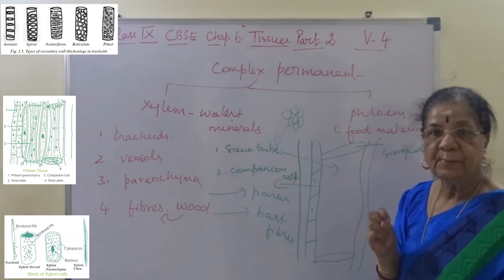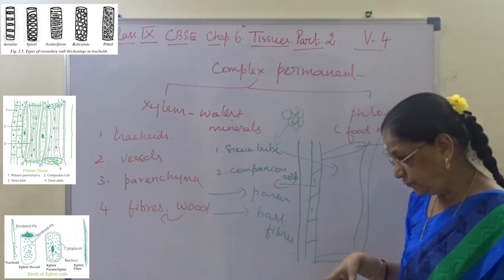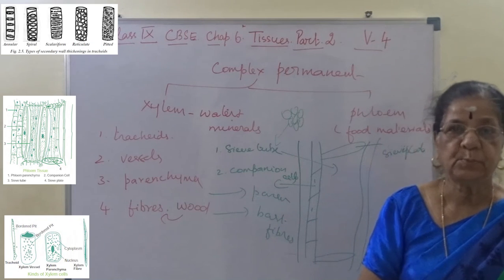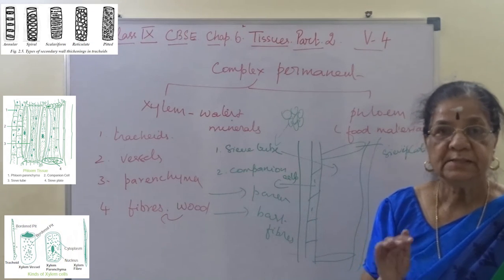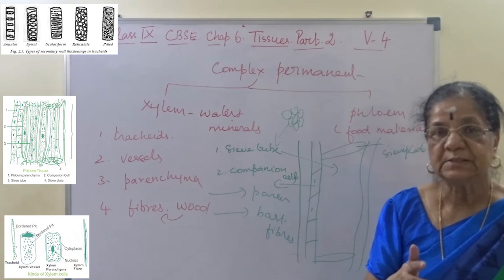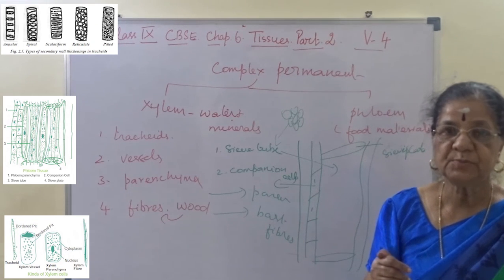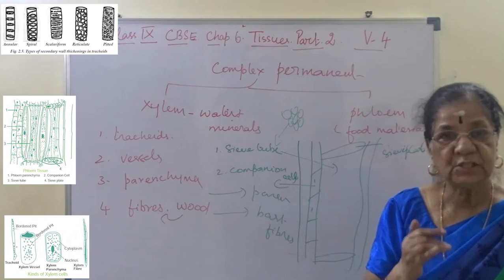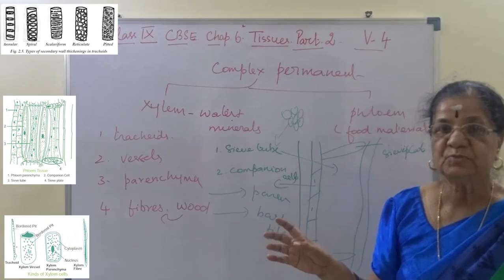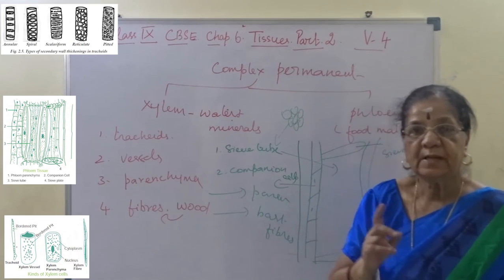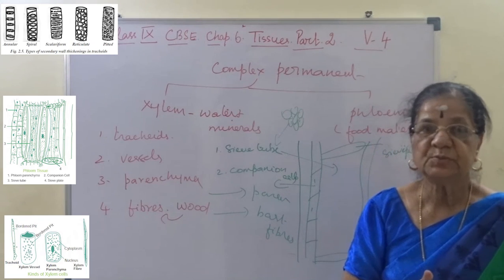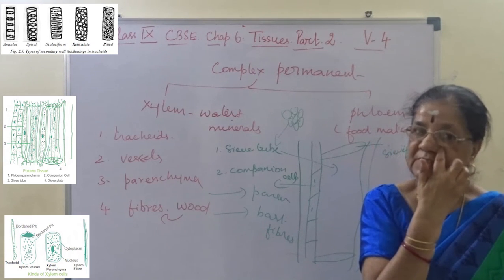Wood fiber and bast fiber give mechanical support. I hope you understand. Tracheids will be present in lower groups of plants such as pteridophytes and gymnosperms, whereas vessels are absent, and present in the angiosperms. Same way in phloem, companion cells are absent in pteridophytes and gymnosperms, present in angiosperms.